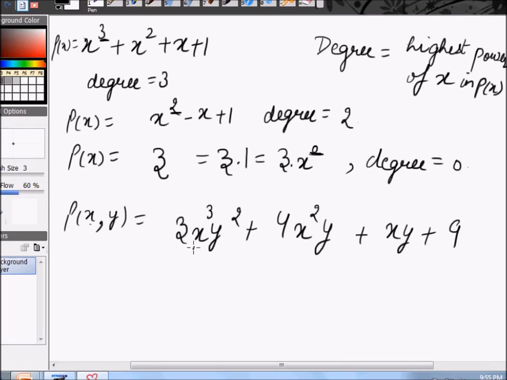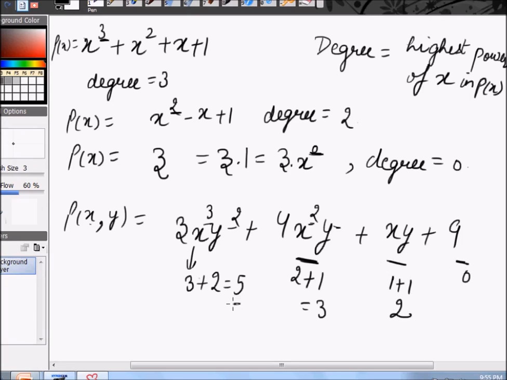That is, here the power is 3 plus 2 equals 5. Here the power is 2 plus 1 from y, which is 3. Here the power is 1 plus 1 equals 2, and here the power of x is 0.